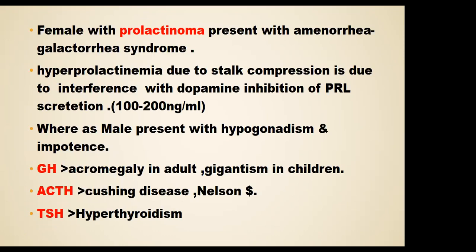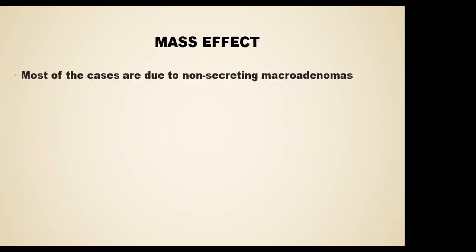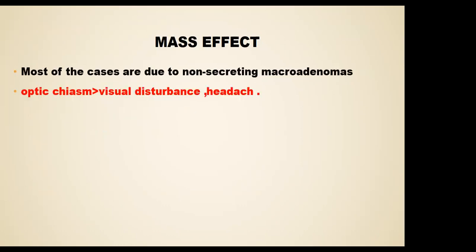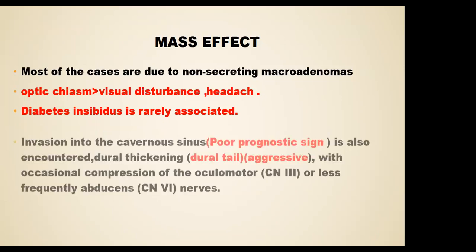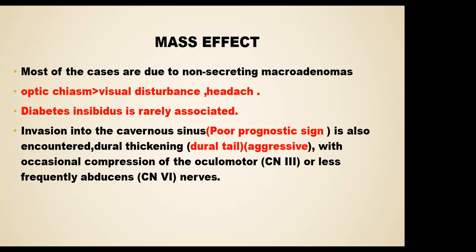Growth hormone adenoma presents as acromegaly in adults and gigantism in children, ACTH with Cushing disease, Nelson syndrome, TSH with hyperthyroidism. Regarding the mass effect, in most cases of macroadenoma, as we mentioned, it affects the optic chiasm, leading to visual disturbance and headache, while diabetes insipidus is rarely associated. Invasion into the cavernous sinus is a poor prognostic sign, and dural thickening indicates an aggressive lesion. Occasionally, it will compress cranial nerves like the oculomotor and less frequently the abducens nerve.